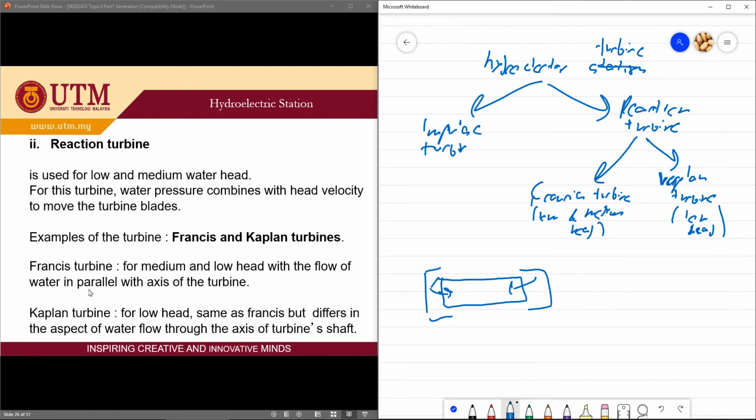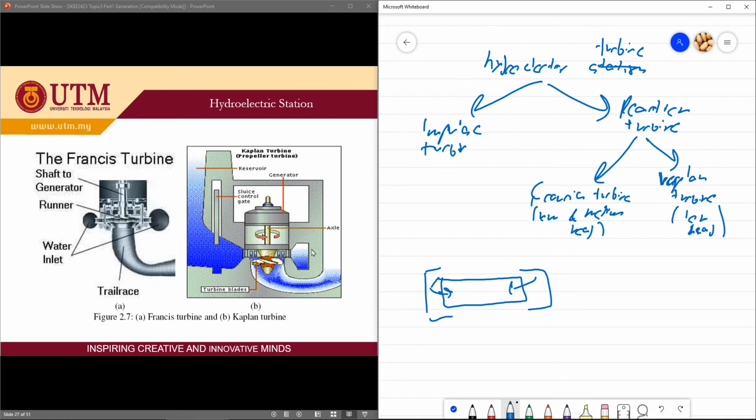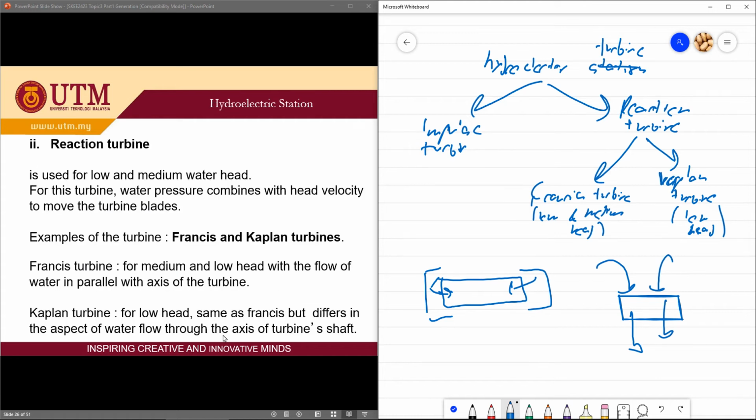Parallel to the axis of the turbine. But for the Kaplan turbine, you have water, and this is the blade. The water rushes here, so the water rotates the blade from the top to the bottom.